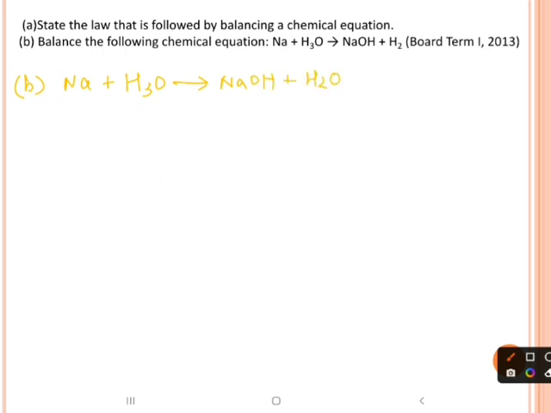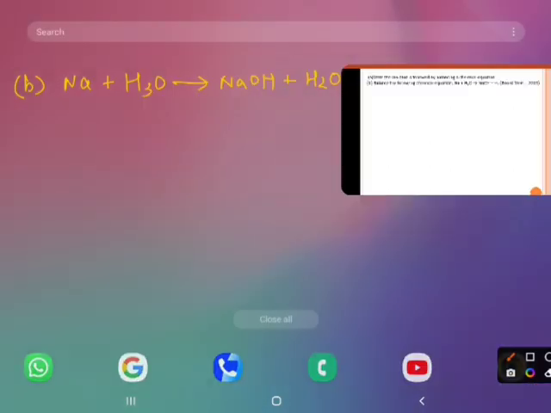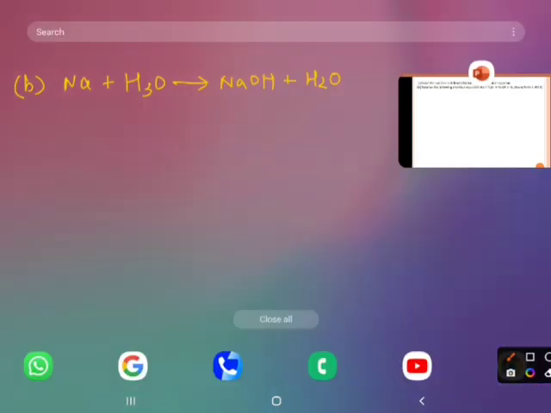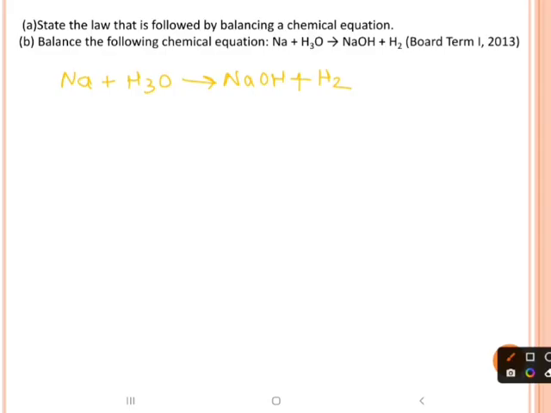What do we perform first? First of all, we are going to calculate the things which are present on either side with the help of one table. In the table we'll write the 3 elements present: sodium, hydrogen, and oxygen. We will compare the reactant side with the product side.